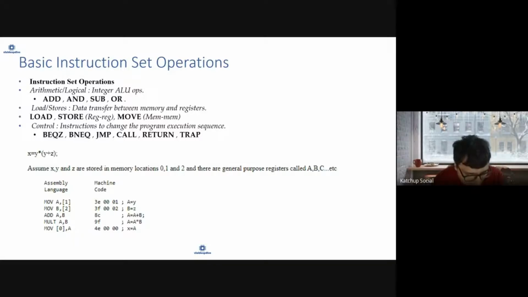The instructions can be add two operands and put the result somewhere, subtract, or, as we saw in our load-store architecture, load from memory, store into memory, move from one location to another. Or there can be control structures like jump, loop, return. So these are some basic instructions which can be coded in assembly language.